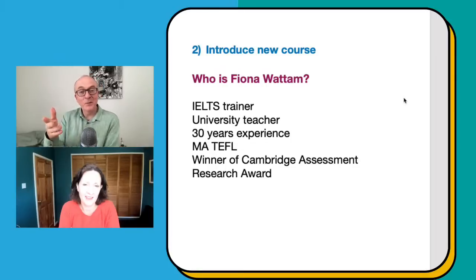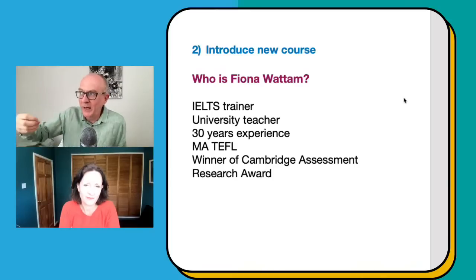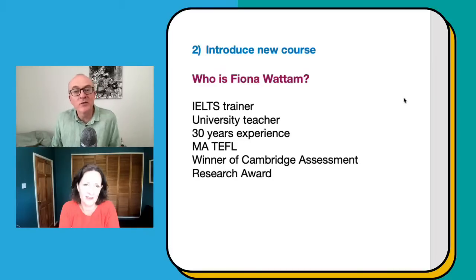And then we were talking about this earlier, and this was really interesting. You entered a competition with Cambridge Assessment. It's a branch of Cambridge University, I think, and they had a research award. Tell us a little bit about that. You were the winner. Yes, that was really interesting because I'd been experimenting in class about how to give writing feedback and what was effective and what was not effective.